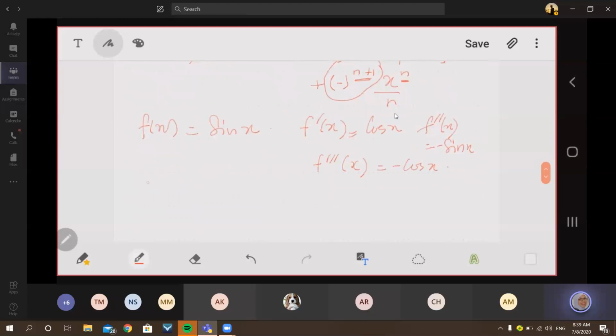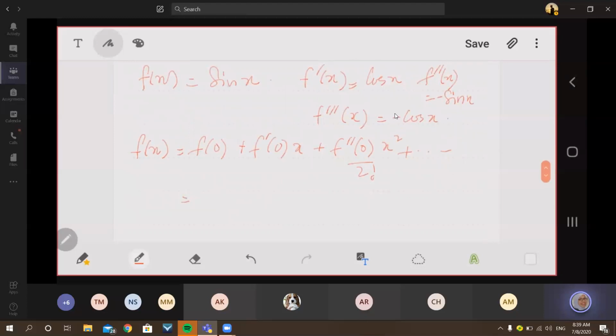So f of x is f of naught plus f prime of naught x plus f double prime of naught x squared on 2 factorial, and so on.